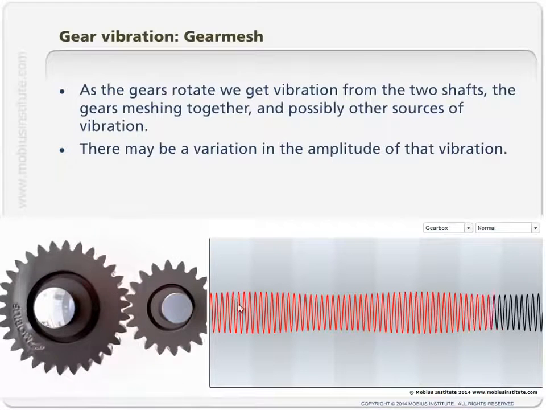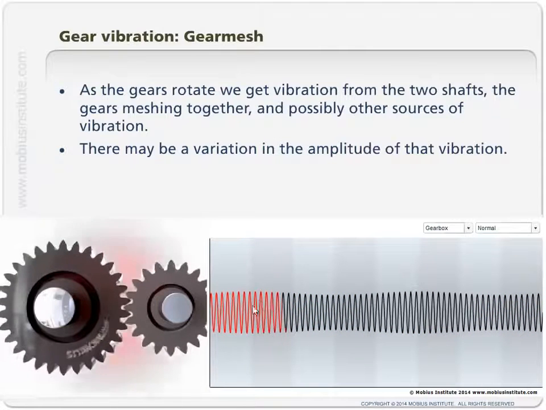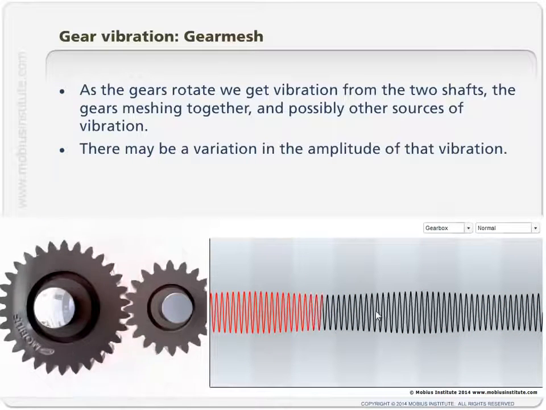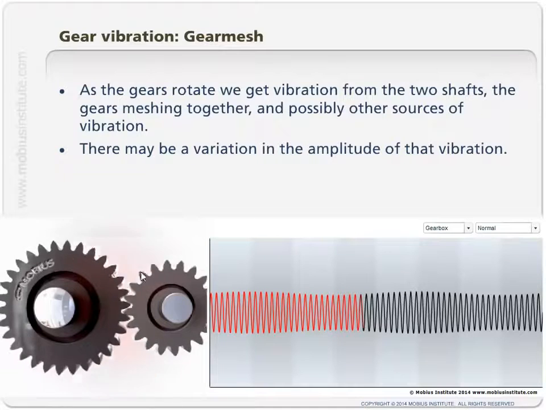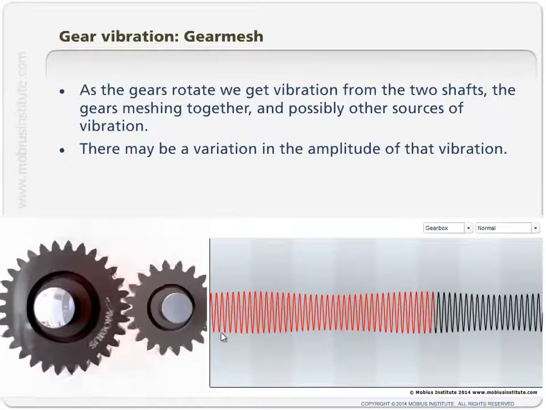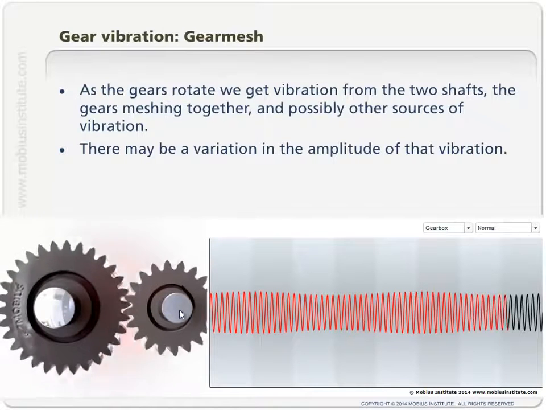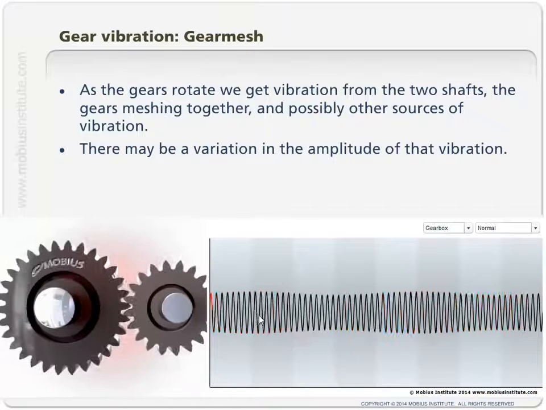So that's this cycle. As I mentioned, if there were 31 teeth here, then I'm going to get 31 of these cycles per rotation of this shaft. And if there were 19 teeth here, then it's actually 19 cycles per rotation of this shaft. So the result is, of course, one source of vibration.